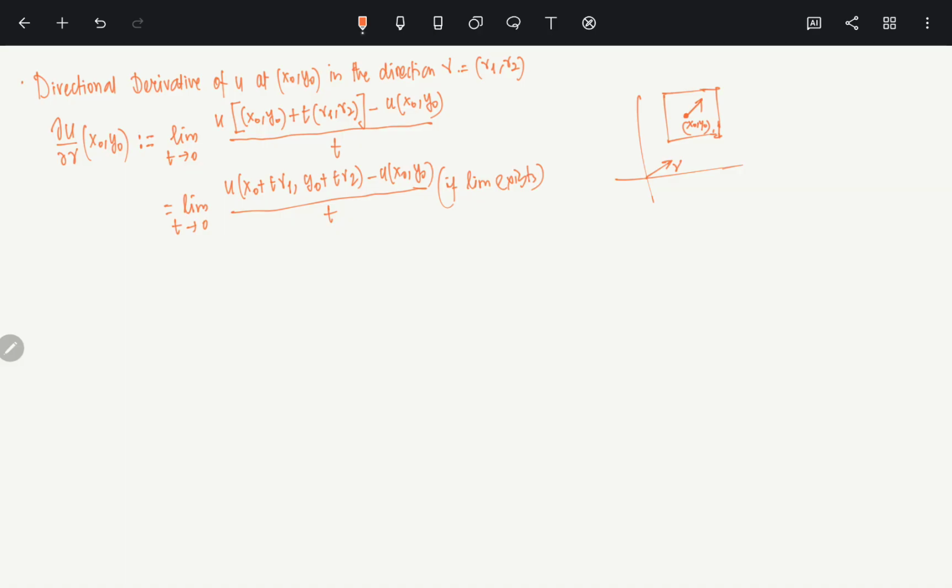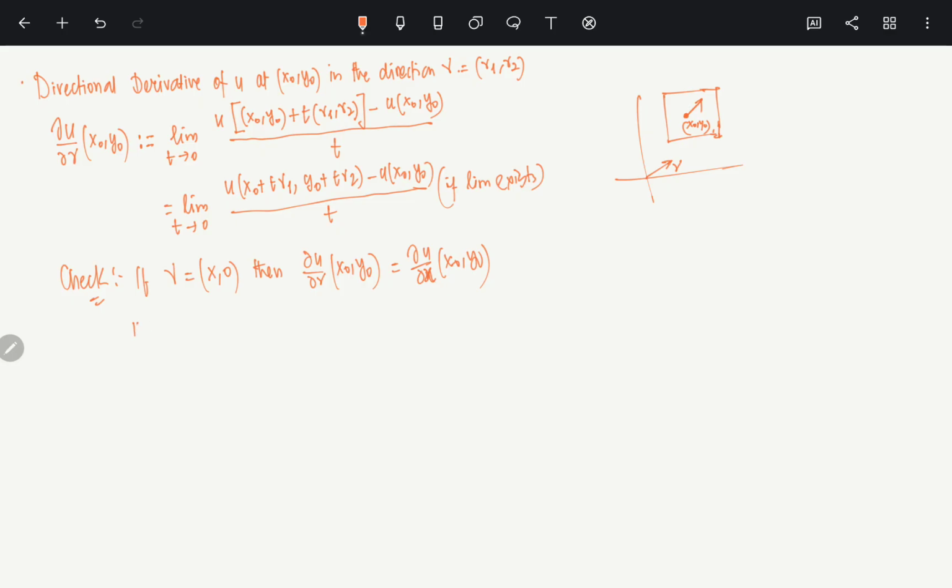So as you can check, if gamma is nothing but the direction 1, 0, then del u del gamma at the point x naught, y naught actually will turn out to be your partial derivative in x at the point x naught, y naught. Okay, partial derivative of u in the direction x.